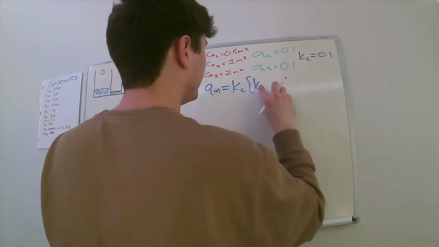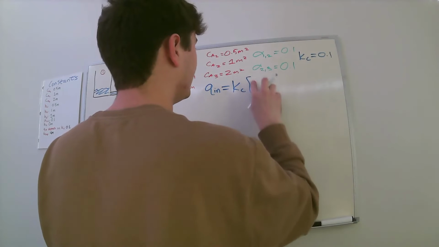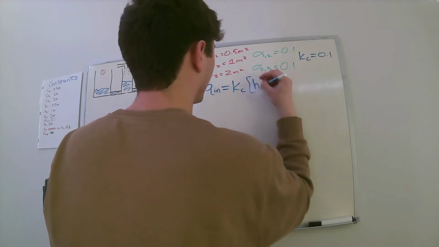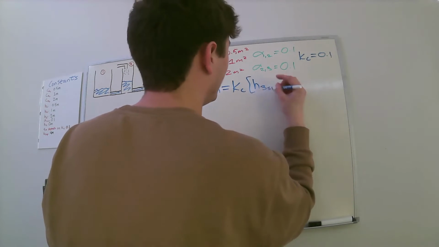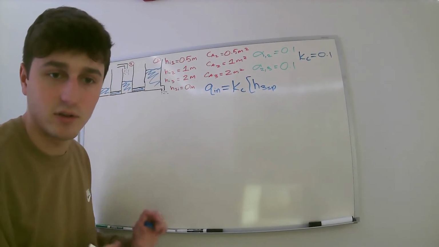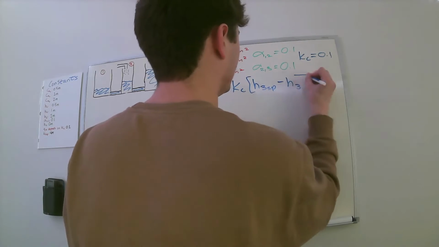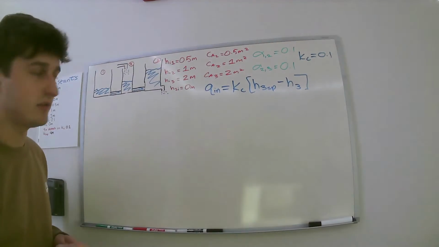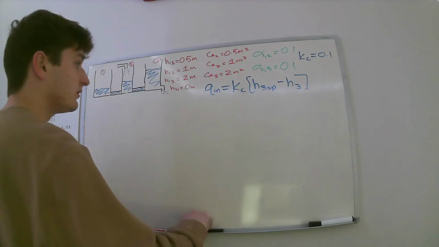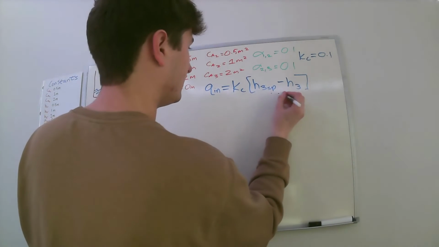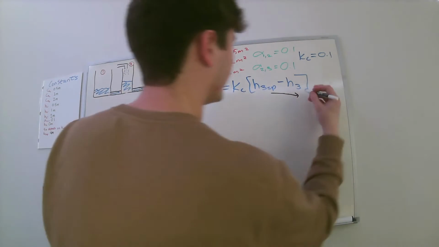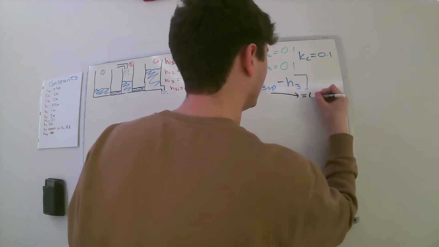So what this is going to be equal to is Kc times our set point height, which I forgot to write down as well and mentioned briefly in my introductory phrases, minus the height of the third tank. Our set point is going to equal 4 meters.